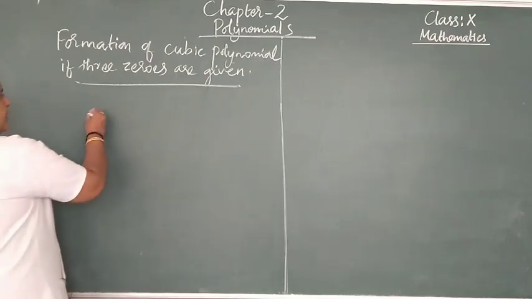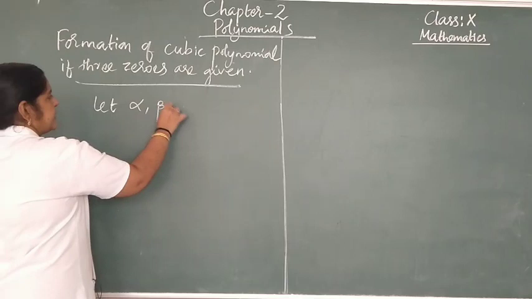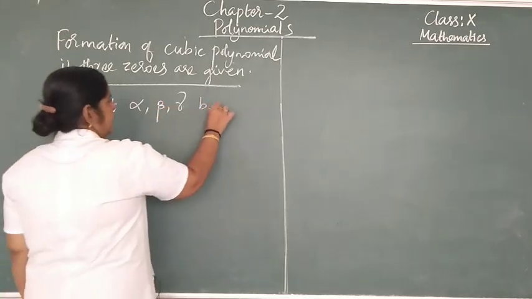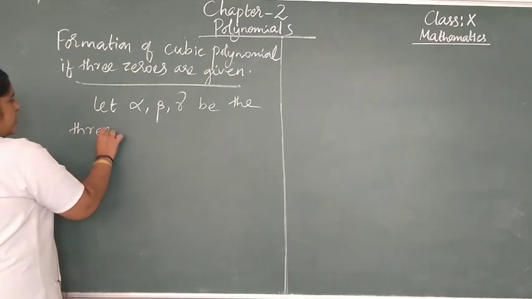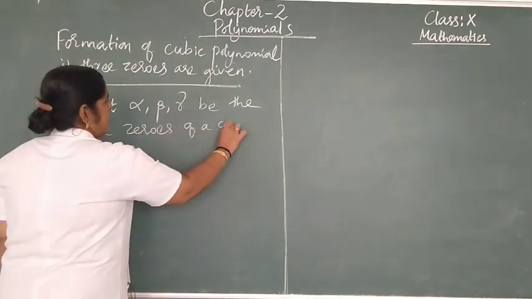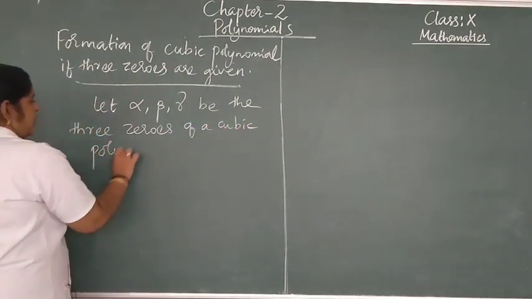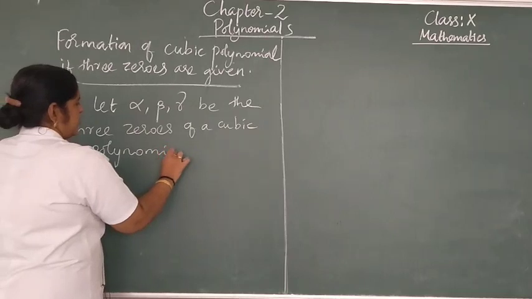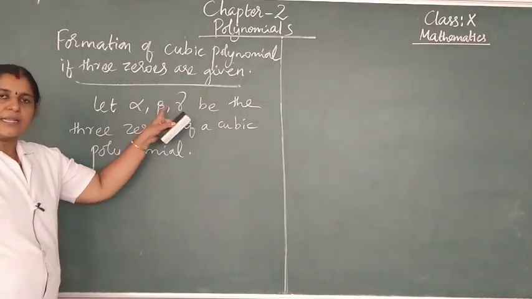So you know that we have considered, let alpha, beta, gamma be the 3 zeros of a cubic polynomial. So the 3 zeros we are taking as alpha, beta and gamma.